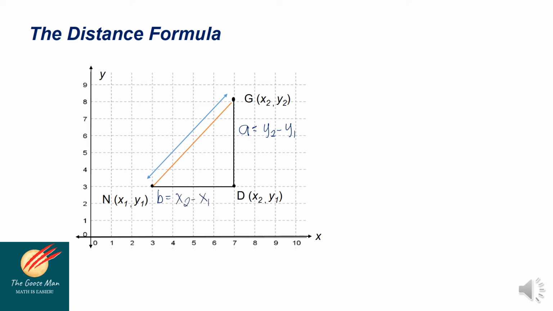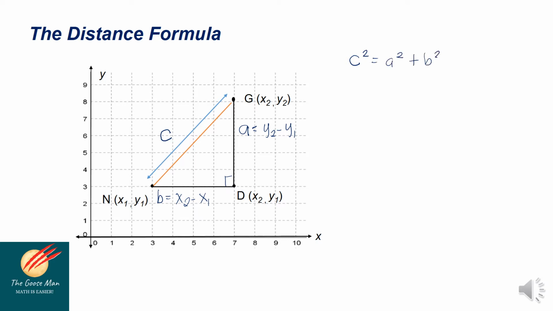And remember that I have here a right triangle. Therefore, I can determine the value of the hypotenuse. By the way, the line segment NG is the hypotenuse of the triangle NGD. Now, let us recall the Pythagorean theorem: hypotenuse squared is equal to the sum of the squares of the two legs.